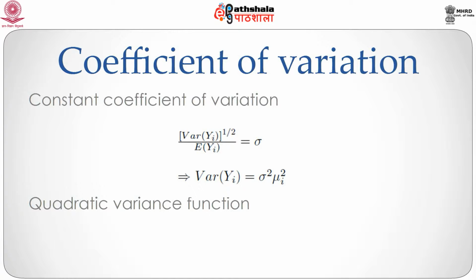The implication of this is that the variance function is of the form variance of yi equal to sigma square into mu i square, where mu i is the expected value of yi. So, assuming a constant coefficient of variation leads to a quadratic variance function.